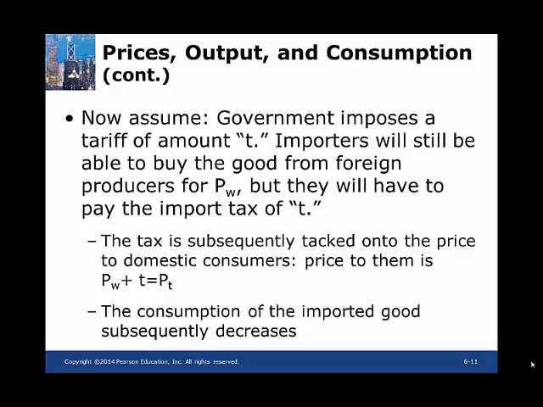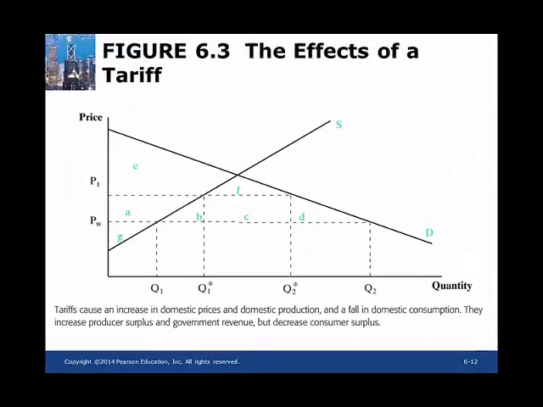The price to them is now PW plus T equals PT. So PT is the price for consumers after tariffs. The consumption of the imported good subsequently decreases because of the increase in the price.